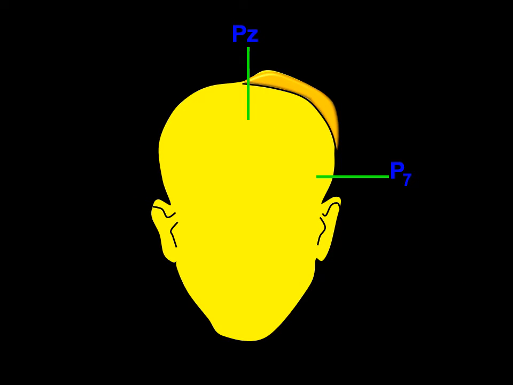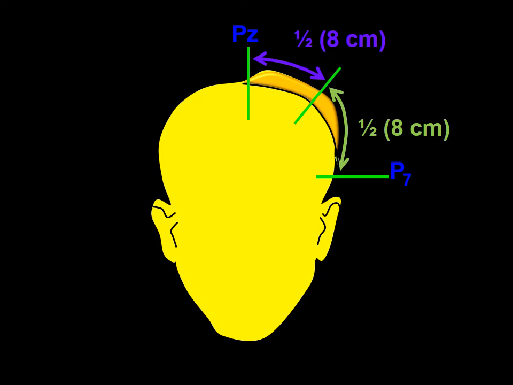In this event, the best result is obtained by locating the two closest not involved electrodes in the transverse or coronal line. In this case, they are P7 and PC. Measure the distance between them, which in this case, let's say it is 16 centimeters, and divide this distance in half.